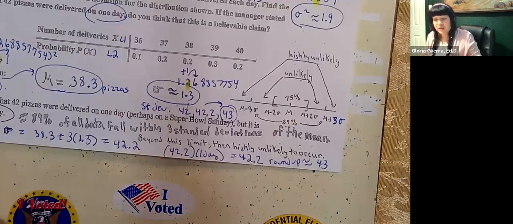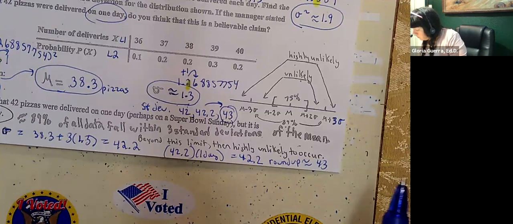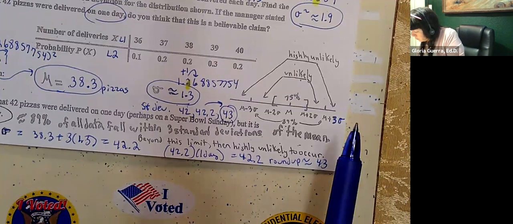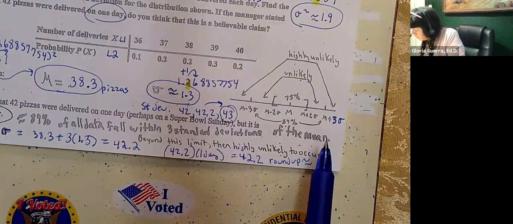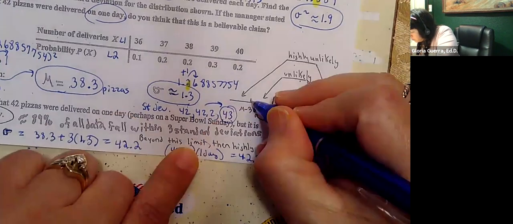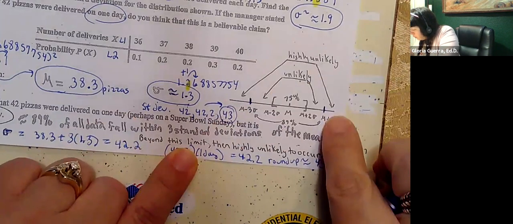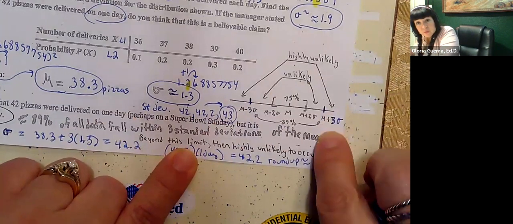Okay, and so that's at 3 standard deviations, 89% of your data will fall within 3 standard deviations. So that's why you see here's your mu minus and mu positive, and over here we're hovering. Remember mu plus?